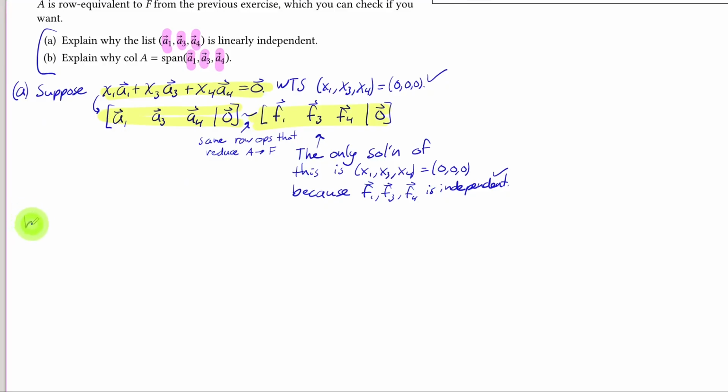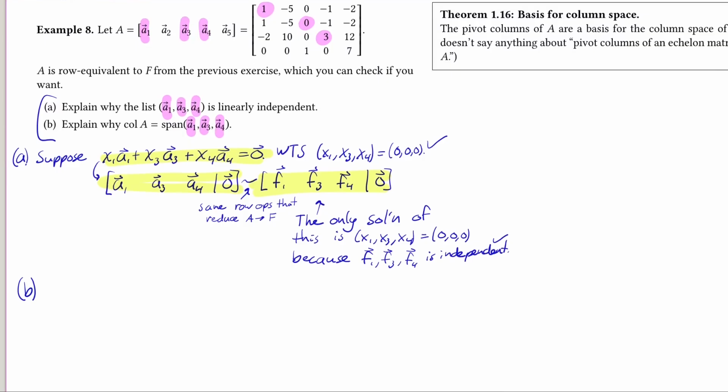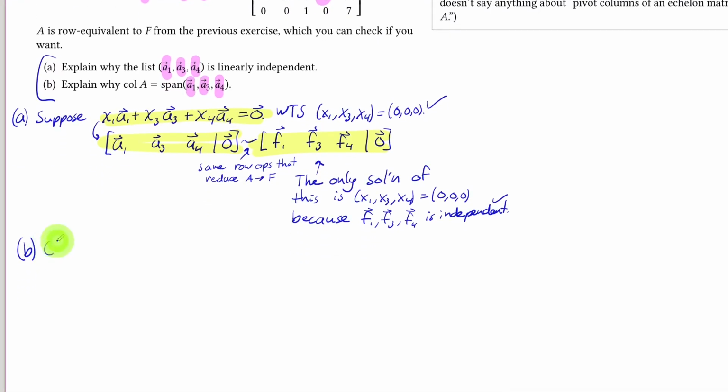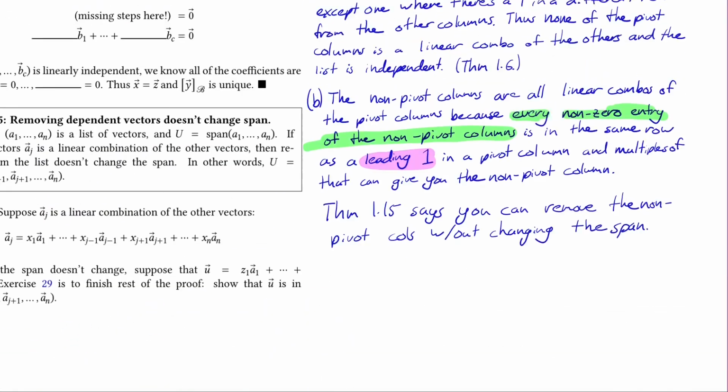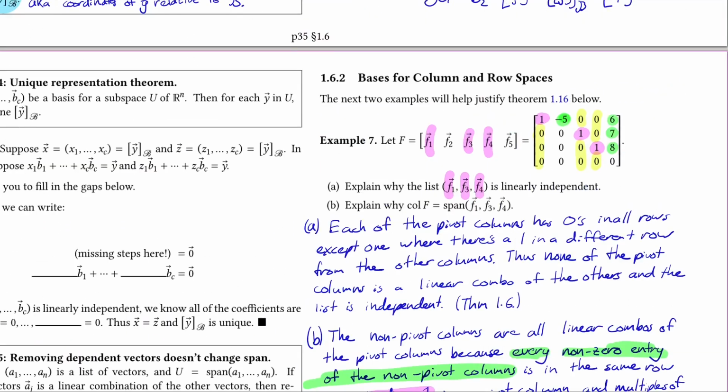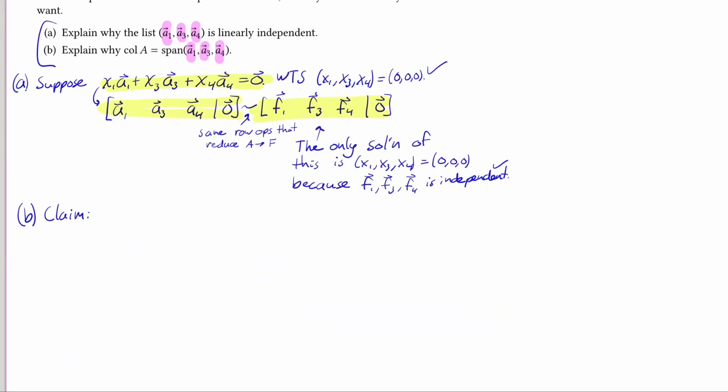Now, I'm going to claim that that same relationship is true amongst the columns of A, and then explain why. For example, what I'm claiming is that column 2 of A is negative 5 times column 1, and column 5 of A is 6 times column 1 plus 7 times column 3 and 8 times column 4.